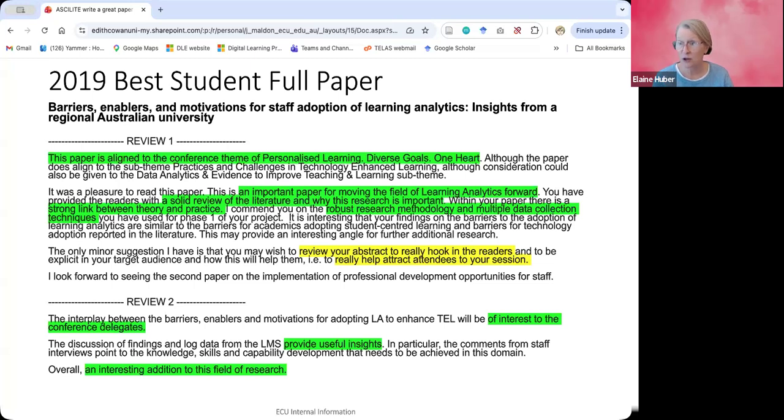This is a really good point for you to think about in your abstracts, and the title of your paper too, because when we produce the ASCILITE program, delegates often scan through it. At the Brisbane conference this year, we'll have 6 parallel sessions, so people are looking at 6 options, thinking which one shall I go to at the same time.